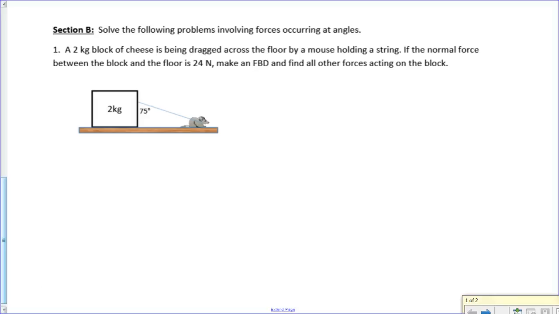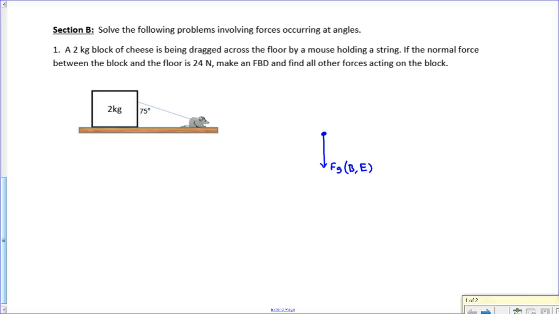And so the first thing to do here is to make maybe a system schema, or I'm just going to jump right to the FBD, but if you want to make a system schema to help you out, that might be a good idea. So we have here, thinking about the different forces on it, we've got gravitational force Fg on the block by the Earth.